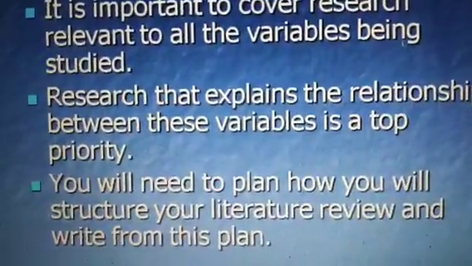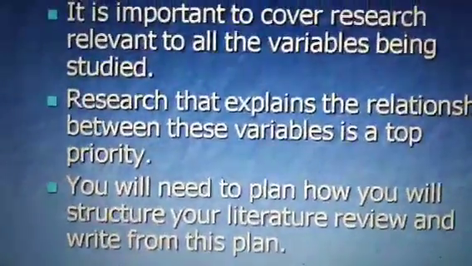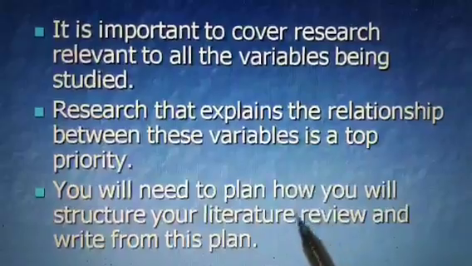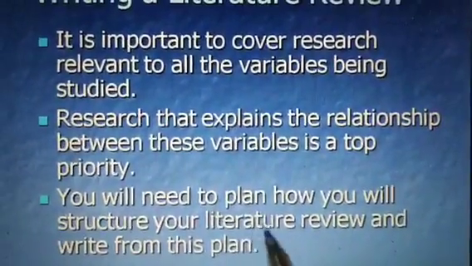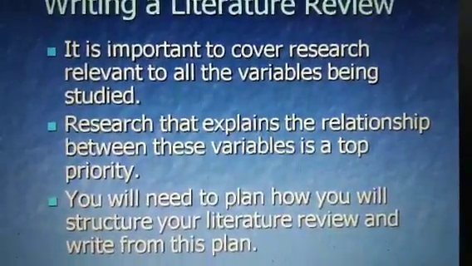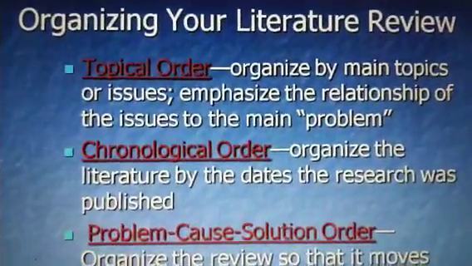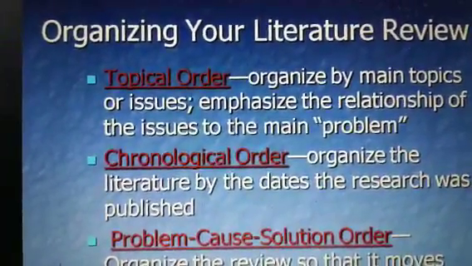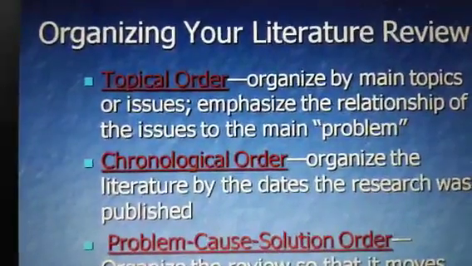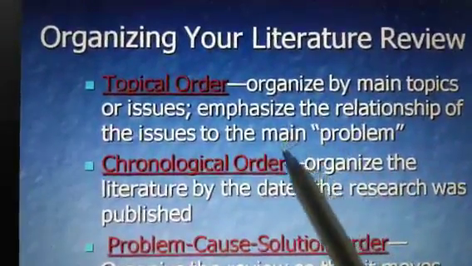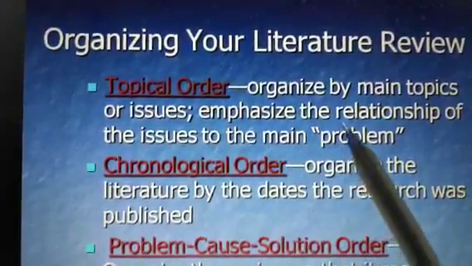And lastly, you will need to plan how you will structure your literature review and write from this plan. So students, after talking about the various steps for reviewing the literature, there are certain types of literature review.